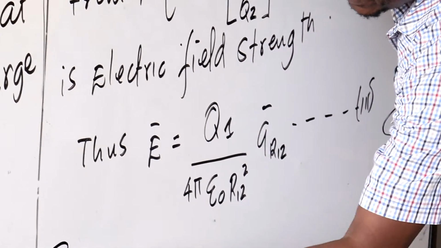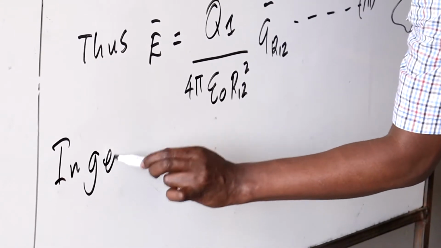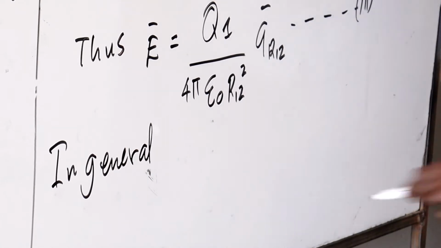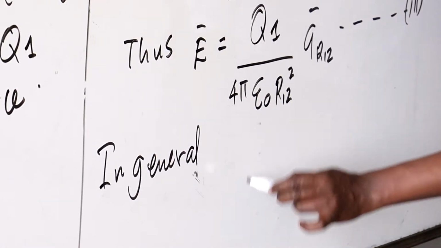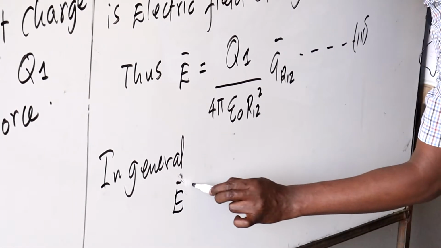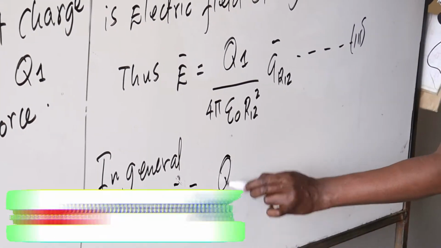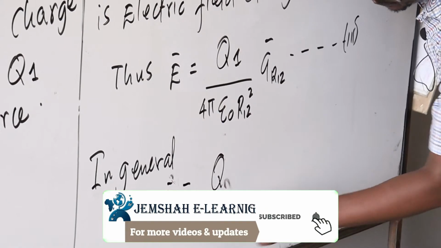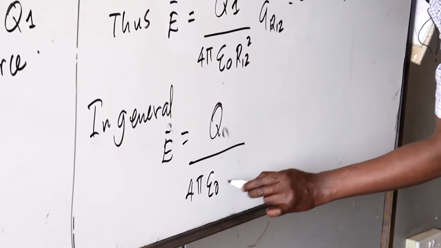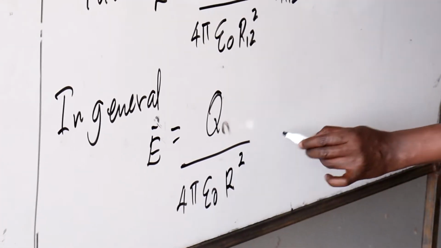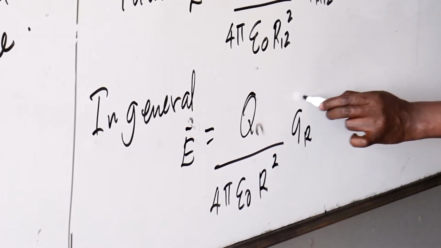Let me say in general, E bar is the same as Q over 4 pi epsilon naught R squared aR bar.